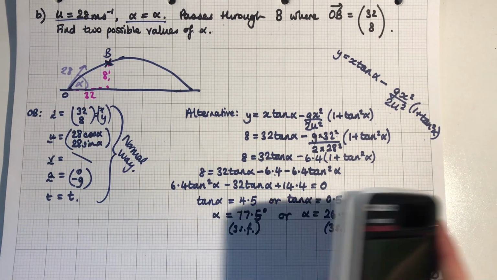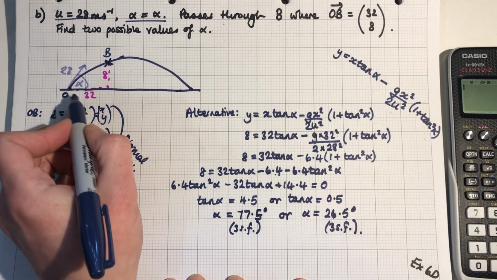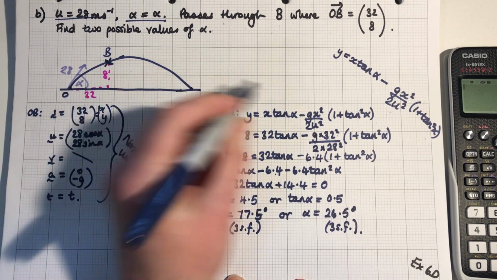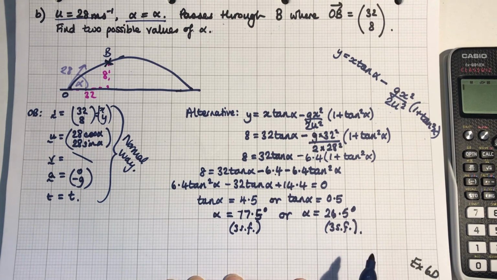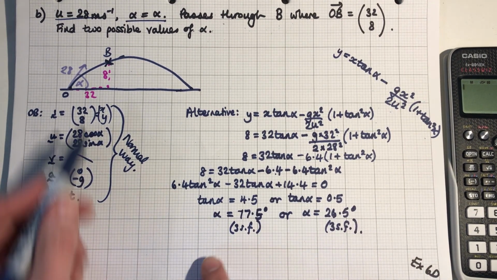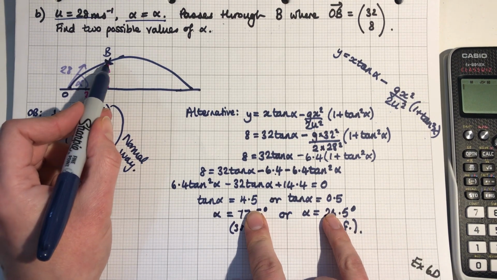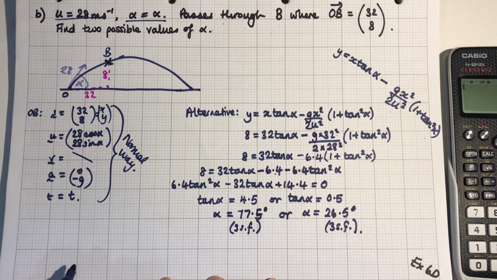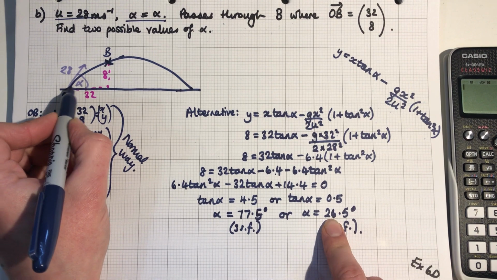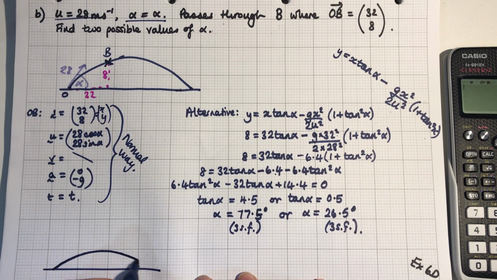Why have we got 2 possible values of alpha? Well, it's because of my initial ponderings about where to place this point B, this displacement here from the start, because what's happening is this. At that speed and at 2 different angles, we could go through that point. We could either have the motion looking like this, where we go at an angle of 26.5, because that's quite a small angle, isn't it? Something like this.